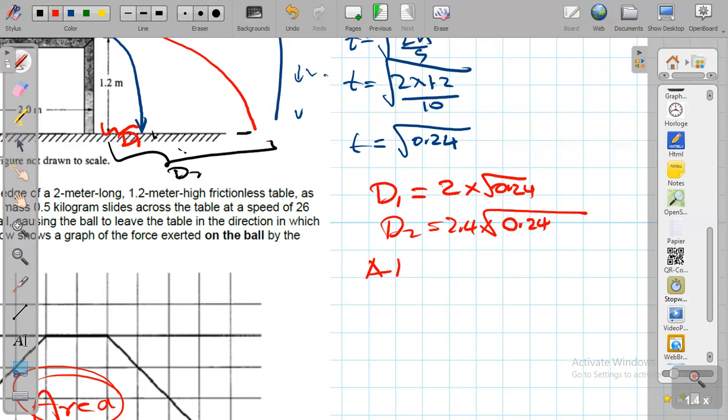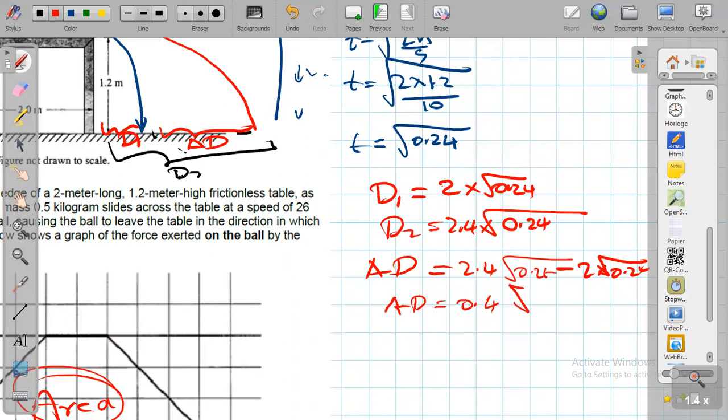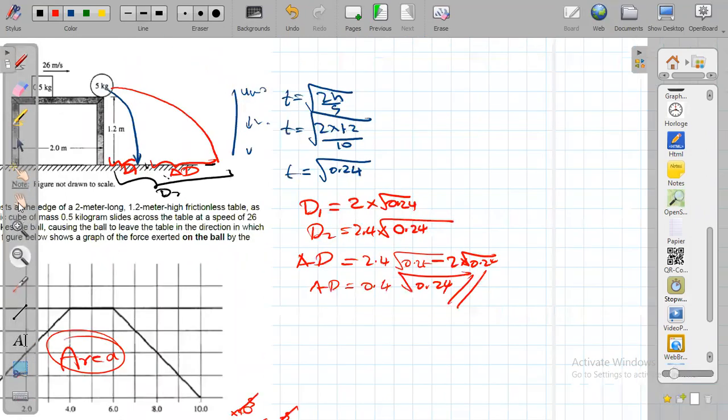So the difference, this is delta D. Delta D equals 2.4 times 0.24 minus 2 times 0.24. So that means delta D equals 0.4 times 0.24. Can you understand this whole calculation, or do you need more explanation regarding that?